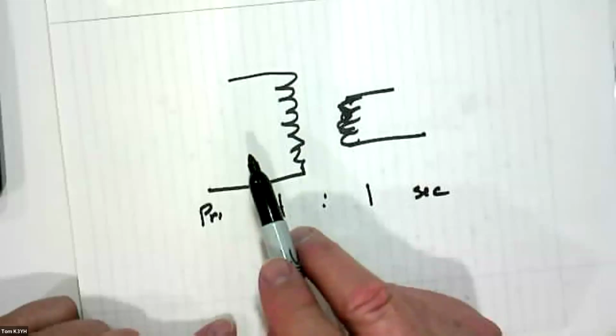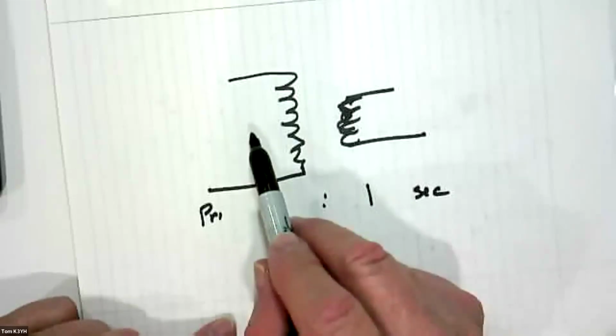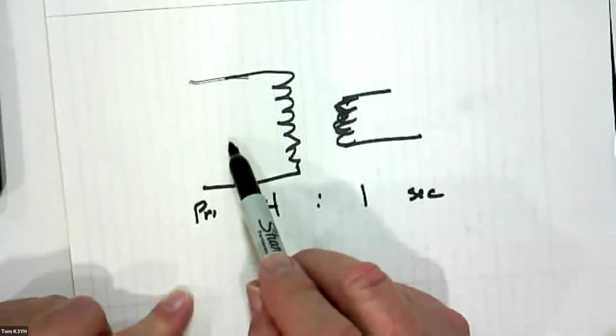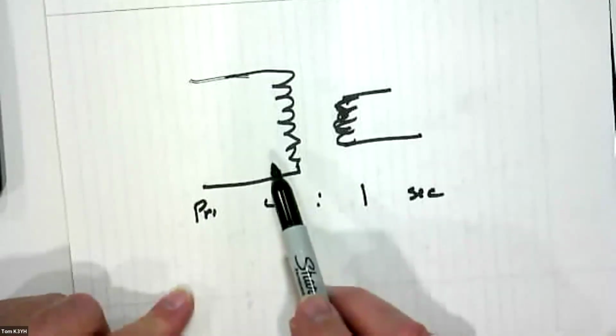So if I had 120 volts on this, I would have 30 volts on this side because it steps the voltage down. Or I could have 14,000, and then whatever hundreds would be on this side. So a typical step-down transformer is going to look like this. More windings on the primary than on the secondary. So that's the ratio. It's 4 times. The voltage here would be 120, over here would be 30, or whatever you put into it.